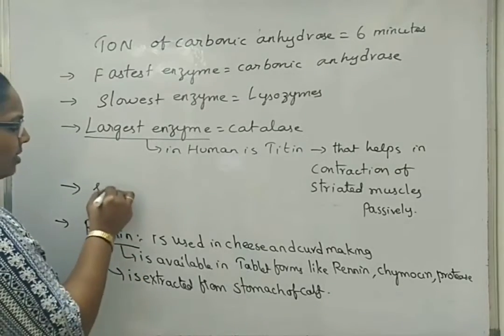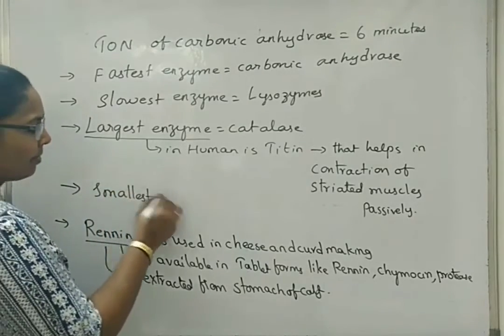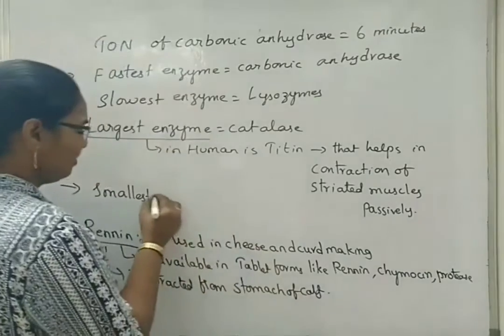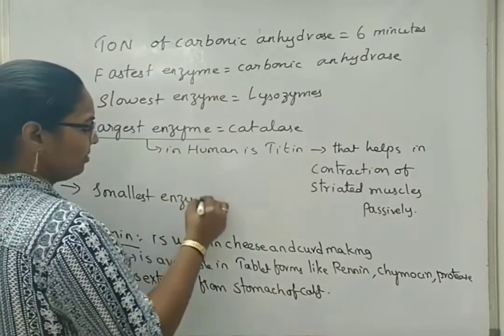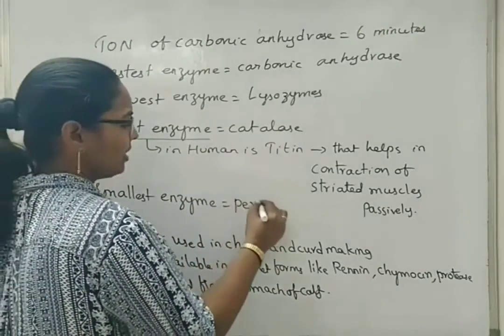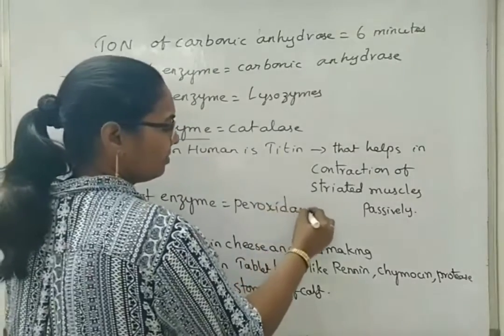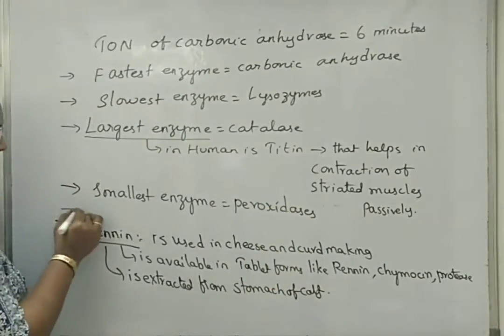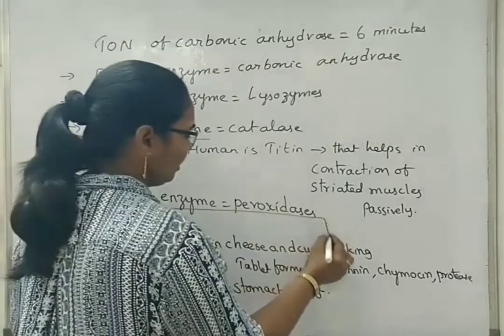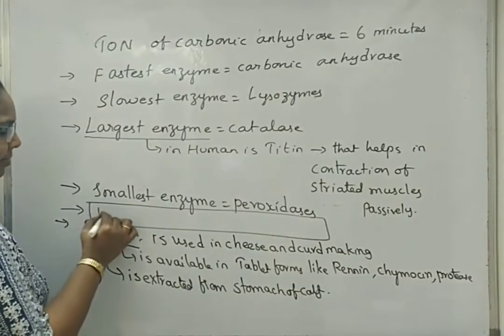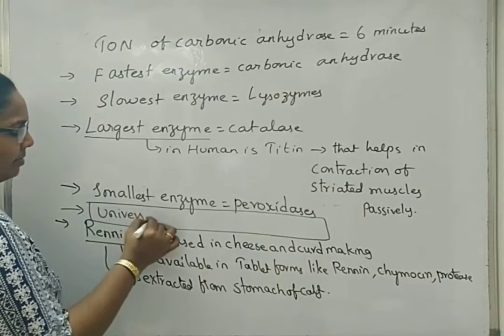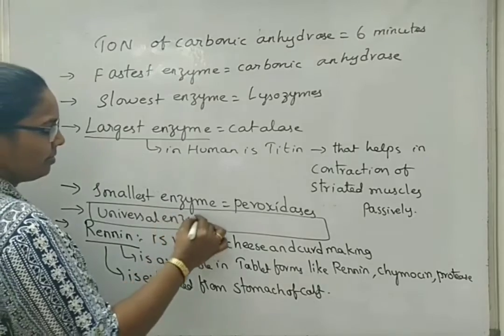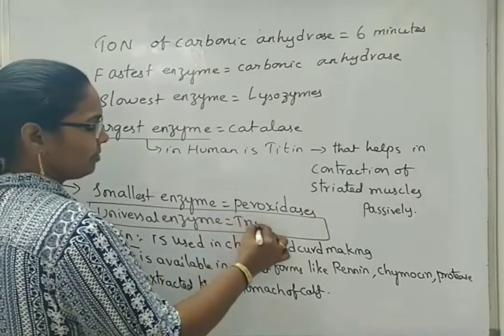Next, the smallest enzyme is peroxidase. Another very important one is the universal enzyme, which is trypsin.